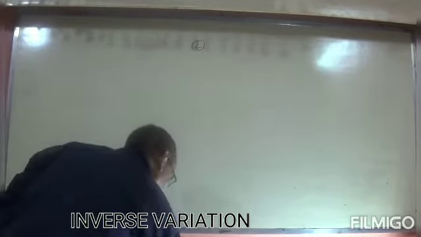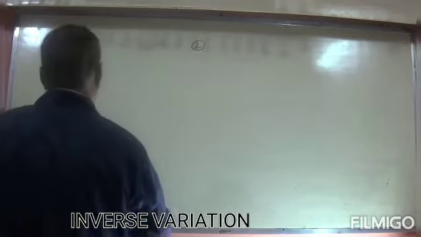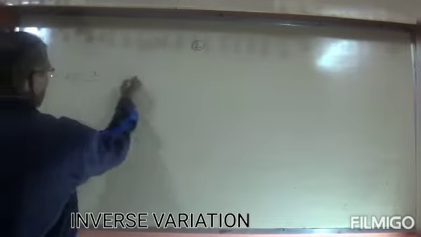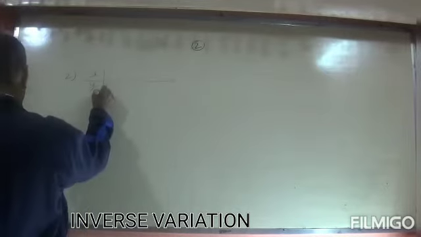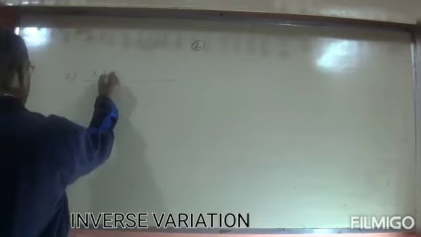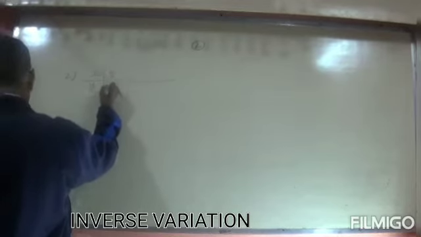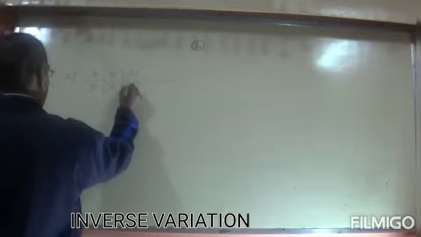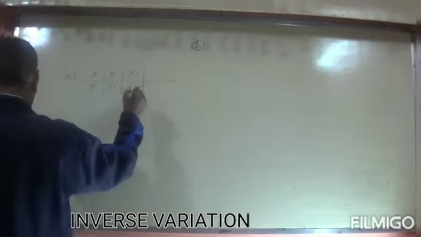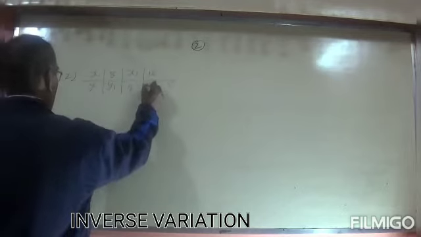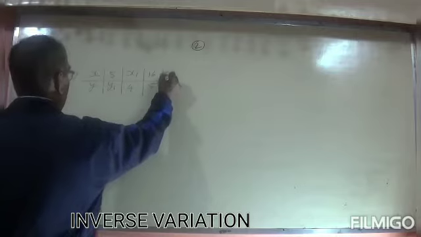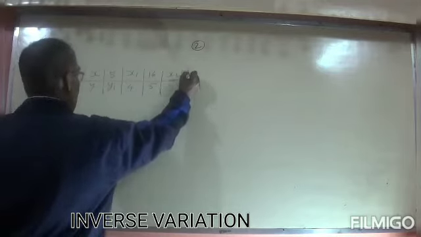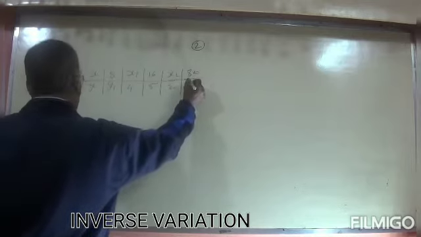Sorry, question number 2. x and y. x1 is given as 8 and it is y1. Then the corresponding value is 4. 16, corresponding value of y is 5. Then x2 is 2, and it is 80, corresponding value is y2.